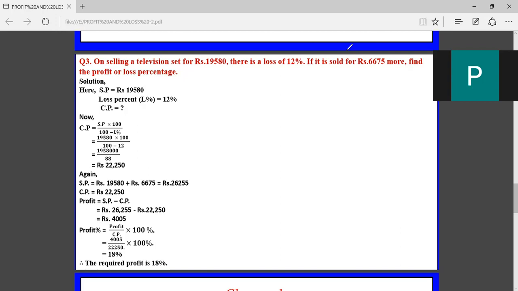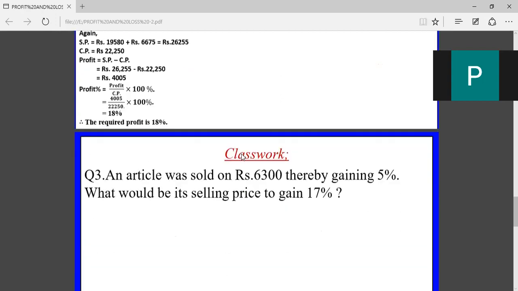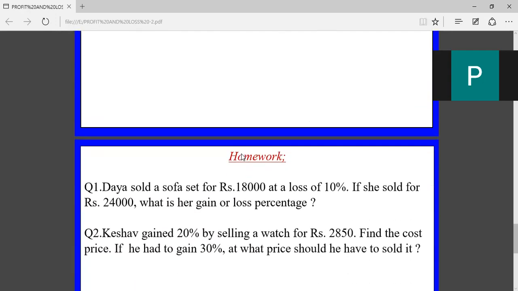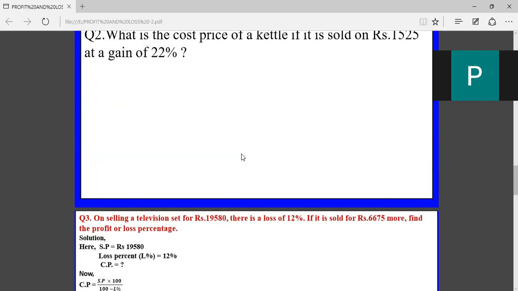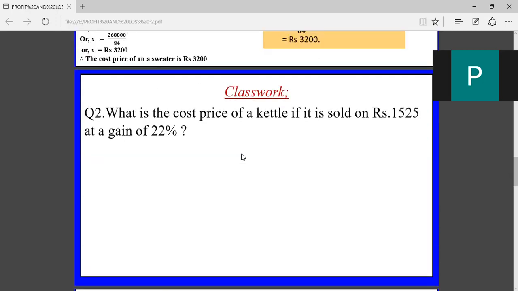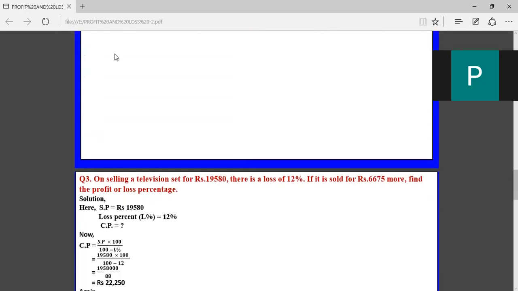Good. 50 bulbs were bought. Okay, children. Look at that. I am going to solve here for you. This is for question number 8I. I am going to show you here 8I.